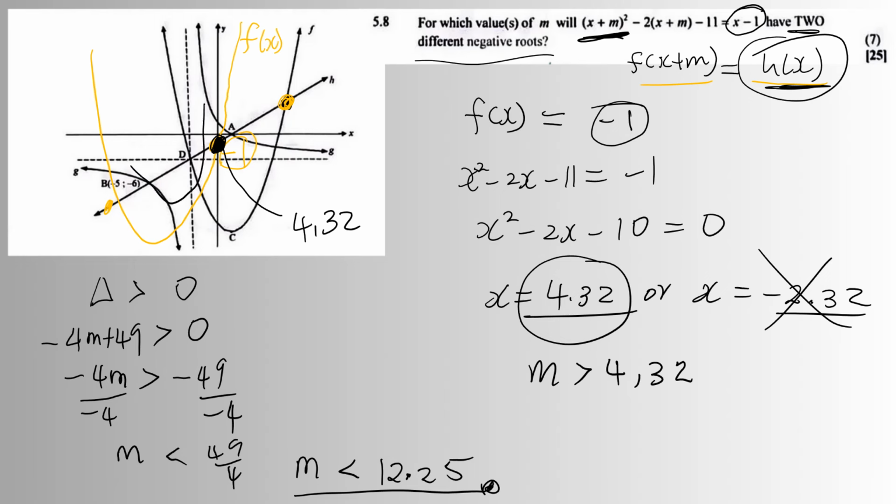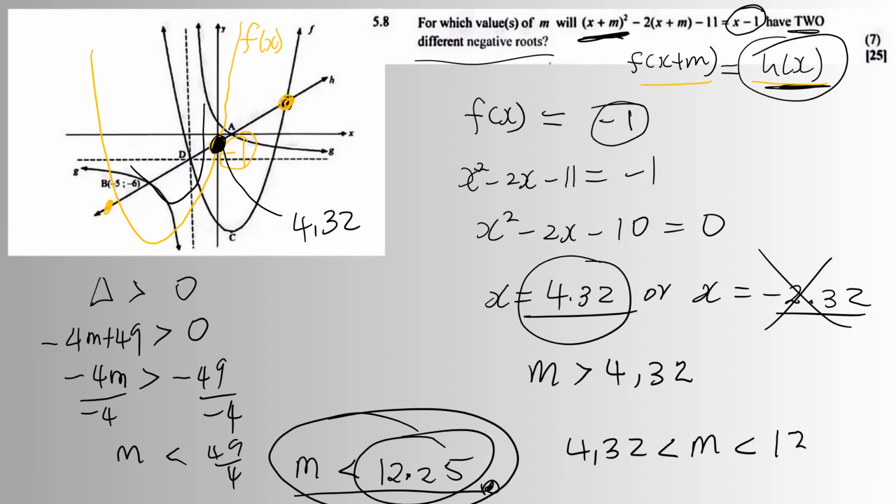So I must shift it by more than 4.32, but the restriction here, so that they remain real roots, is that it must be less than 12.25. So finally the values of m must be above 4.32 but less than 12.25, to ensure that these roots are still real, but again giving us two different negative roots.